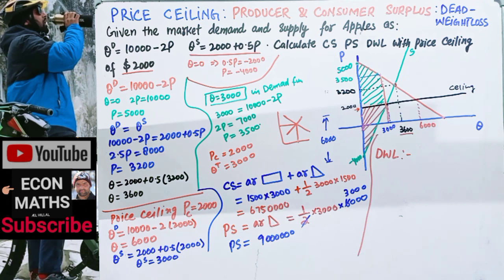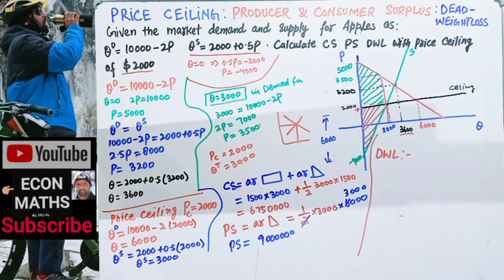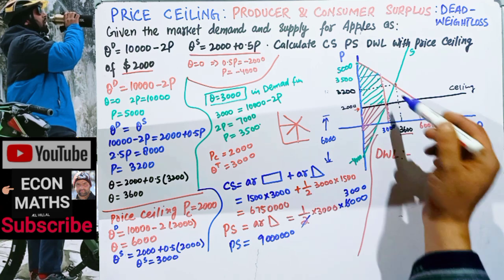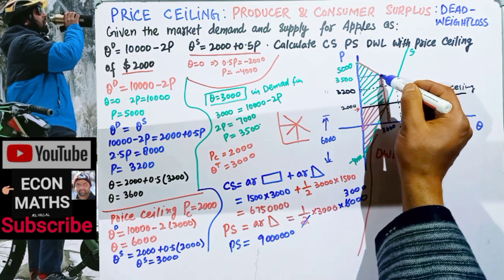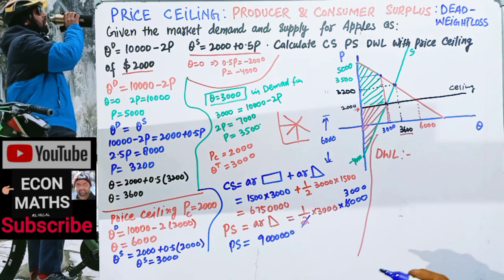And here what is the deadweight loss? Simply loss of welfare, and loss of welfare will be equal to the difference between the market outcome, that is this point, and the outcome that we get from the price ceiling. So the area of this very triangle will give us the deadweight loss.